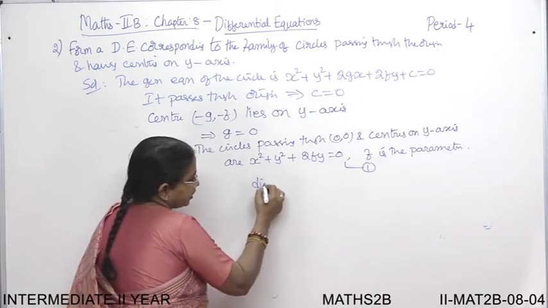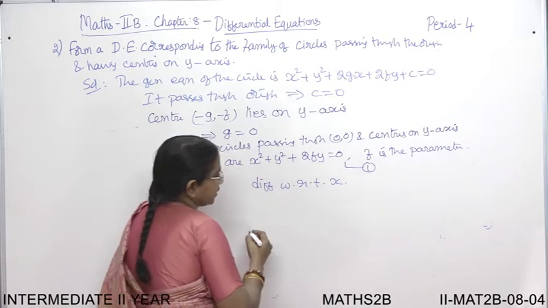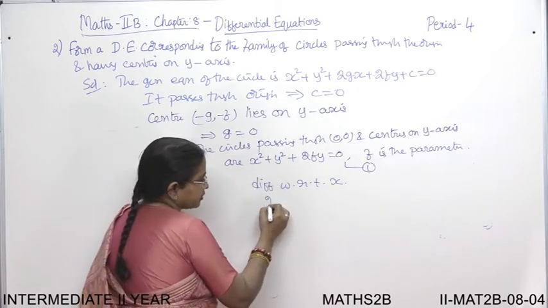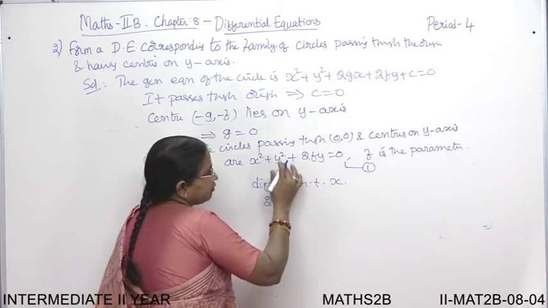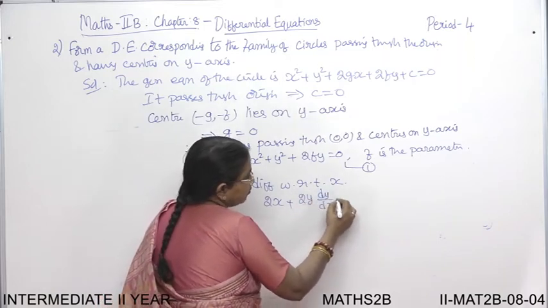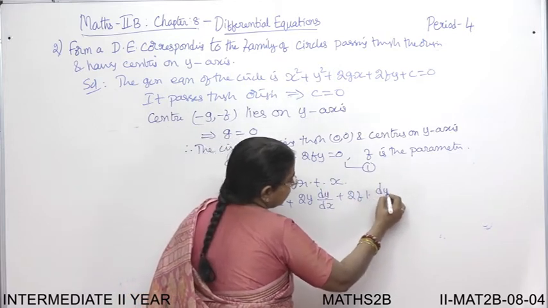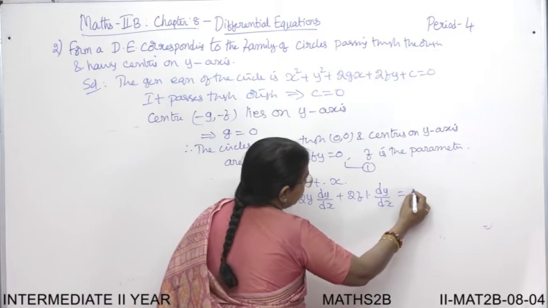So differentiating with respect to x, you will get, what is the derivative of x square? 2x. The derivative of y square is 2y dy by dx, plus 2f into the derivative of y, which is 1 into dy by dx, is equal to 0.